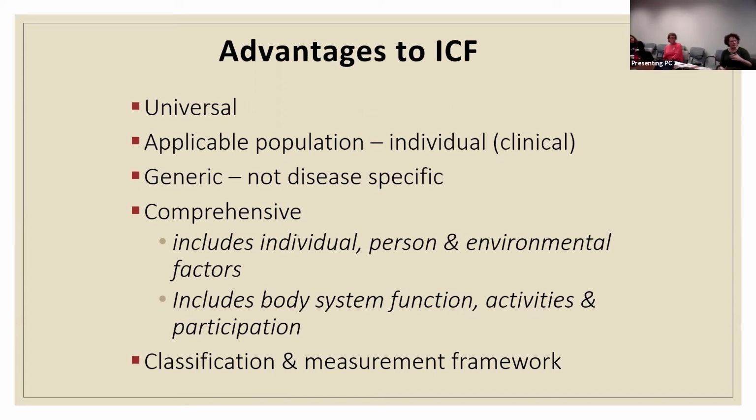And it's comprehensive in that it does work for clinical practice because it is a model, or a conceptual idea, that includes the body system and function as well as activities and participation. And so it's not leaving out the role of the body. And then it does provide a framework for classification and measurement. And that is one of the main points I want to make, that it is a framework.